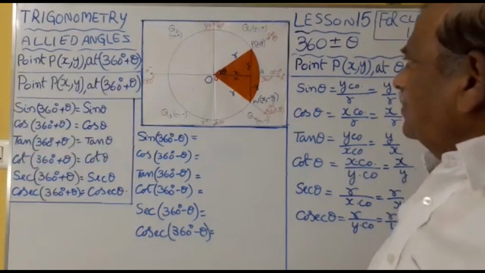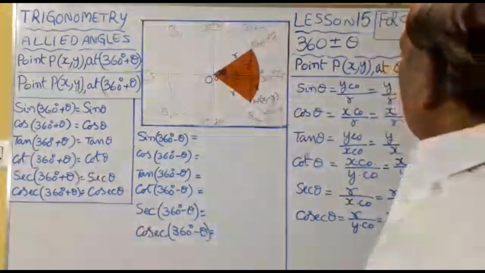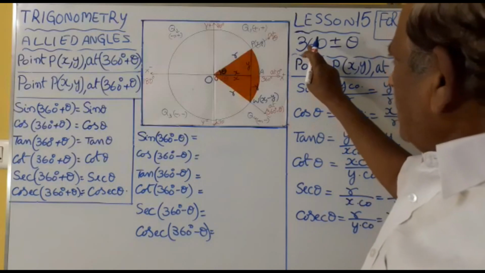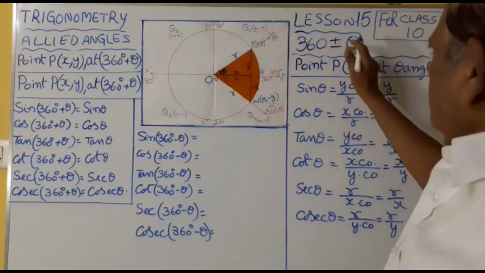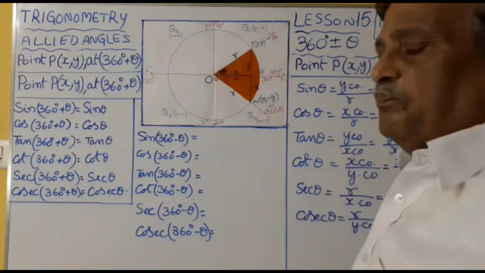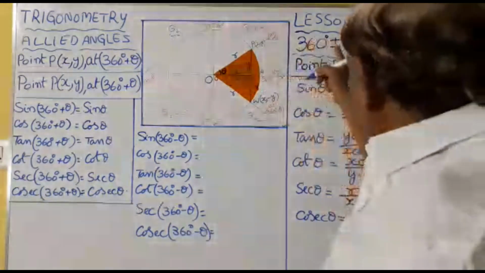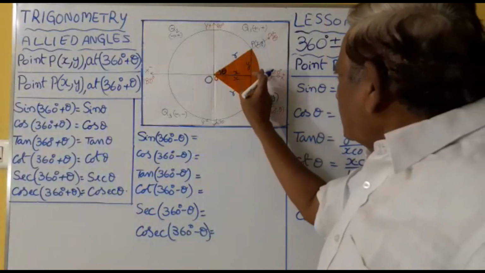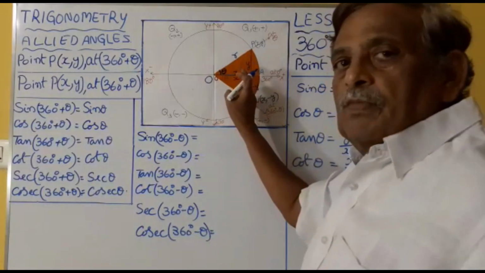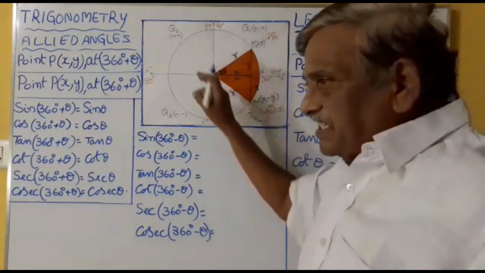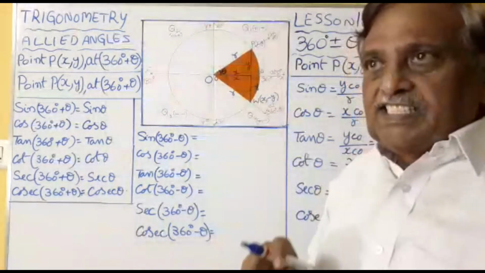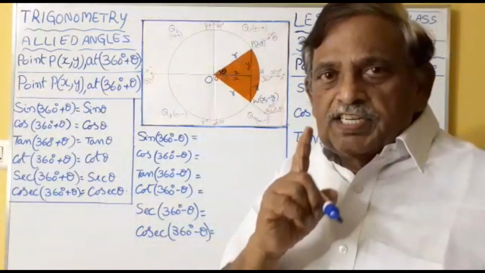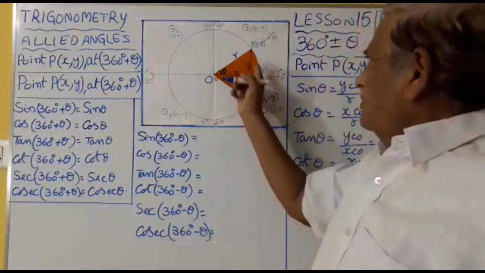Today, we are going to learn the allied angles of 360 degrees plus theta and 360 degrees minus theta. Therefore, rotate this sector through an angle of 360 degrees. 360 degrees means one complete rotation, one complete revolution of the sector.